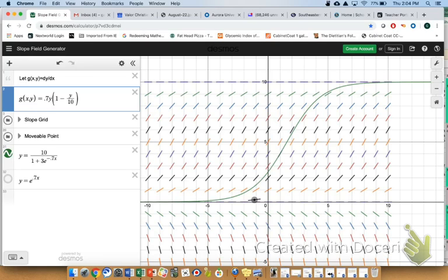It looks like there's a horizontal asymptote there at the top and another one at the bottom. So what kind of situations could you think of where something is growing, getting larger and larger, but it's limited? It's going to be capped. It can't just grow exponentially forever and go and go and go. It's going to be sort of capped off.